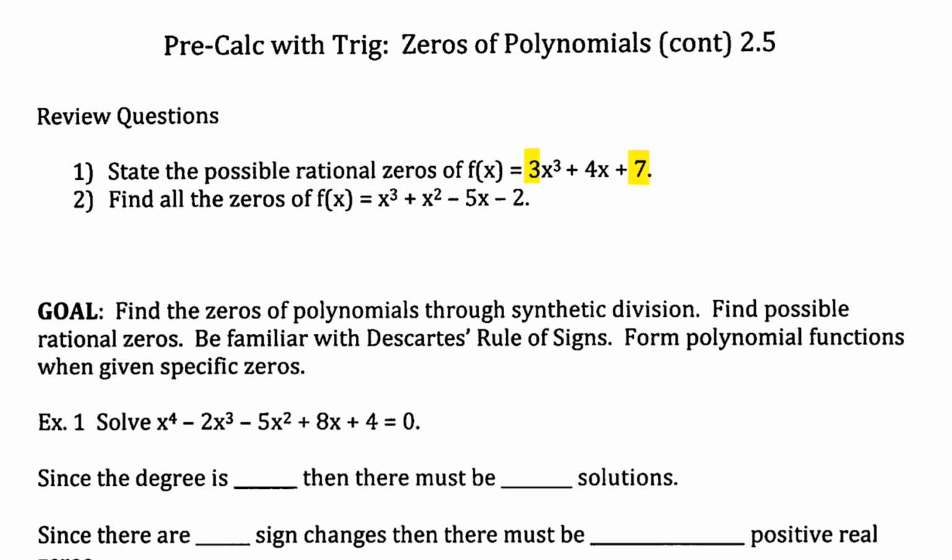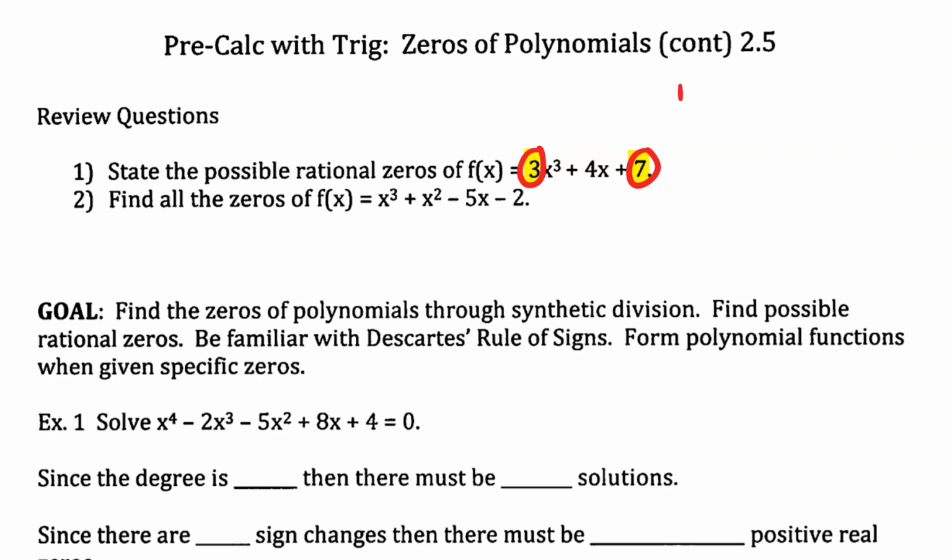All right, so number 1 says state the possible rational zeros of that function. When we do this, we do the factors of the constant term over the factors of the leading coefficient. So all the factors of 7.